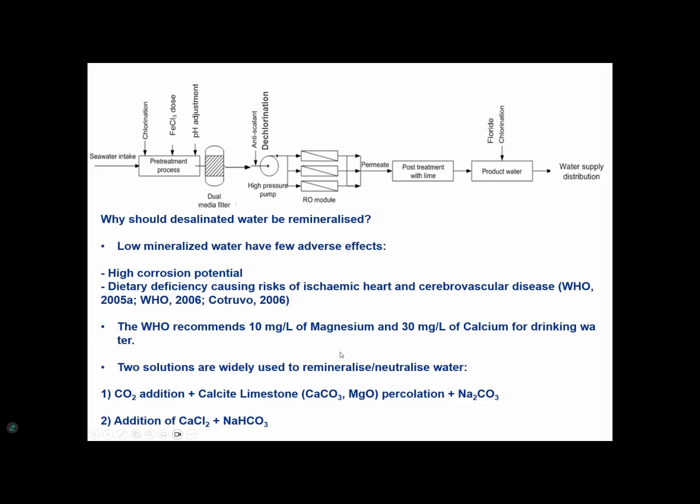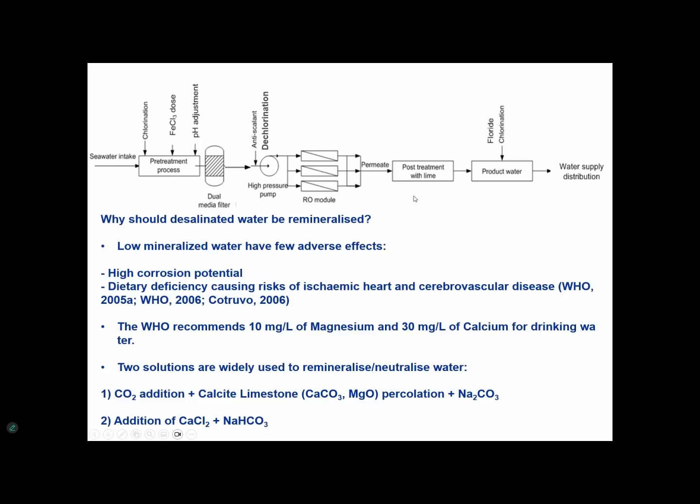Magnesium has a very good effect on heart disease. Also, it is good for diabetes, so magnesium is an important material for our body. So magnesium is incorporated, and the calcium is a good buffer solution, which can reduce your pipeline or pumping corrosion impact.